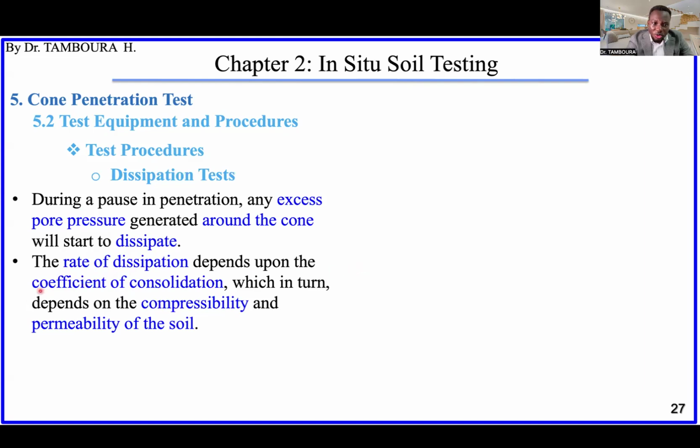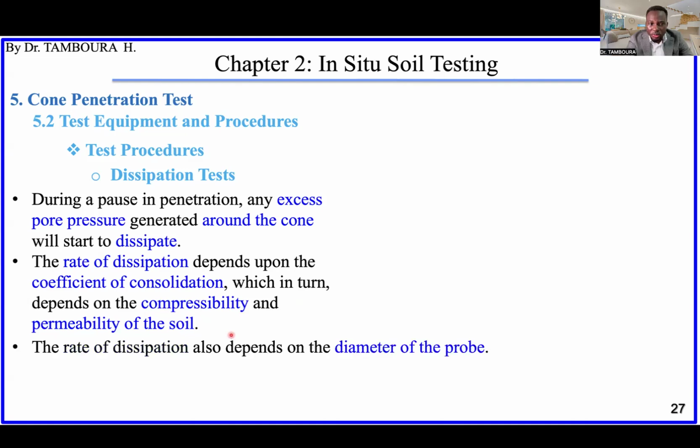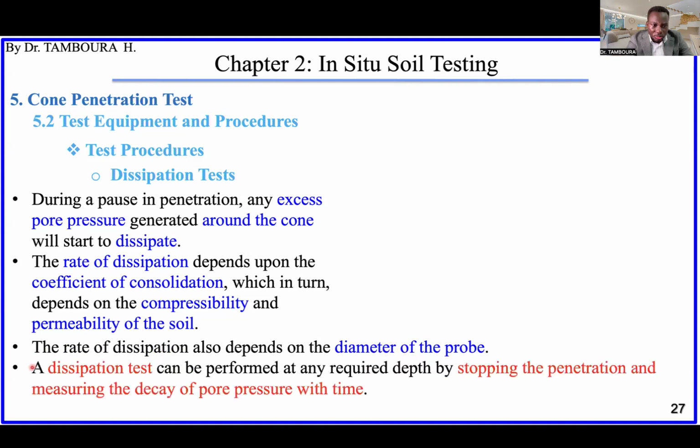It will depend on the coefficient of consolidation of the soil, which in turn depends on compressibility and permeability of the soil, as we know. The rate of dissipation also depends on the diameter of the probe, the cone. Dissipation test can be performed at any required depth.